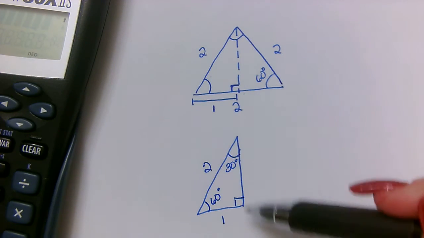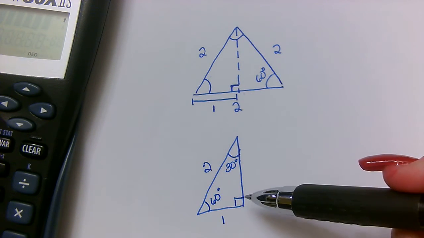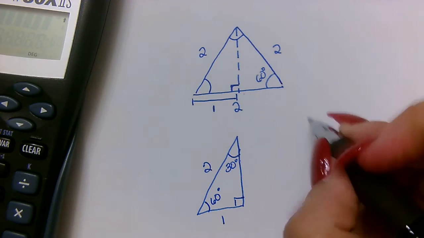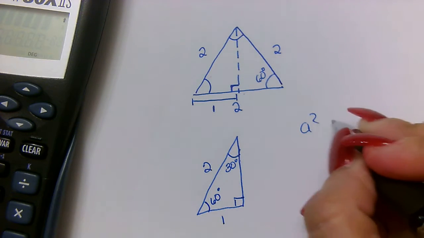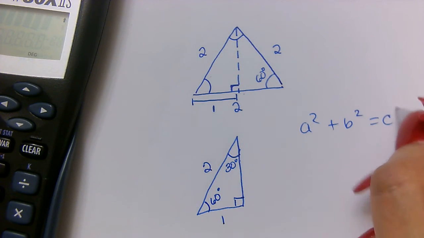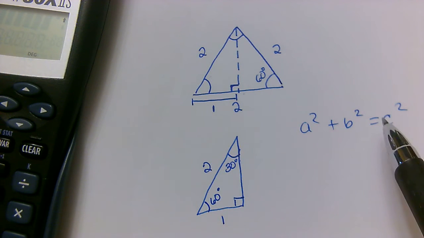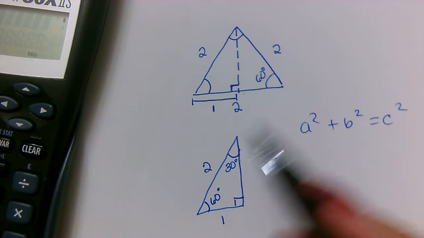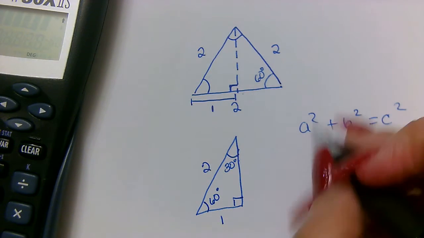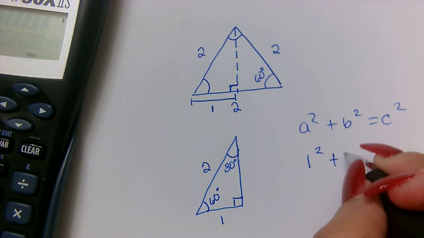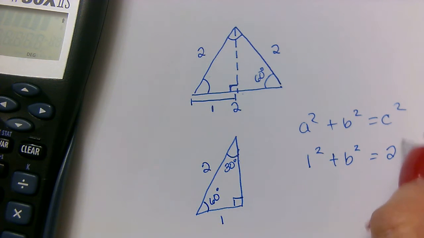Can we find the distance of this point here? Well, yes, use the Pythagorean identity: a squared plus b squared equals c squared. Let's plug it in. It's not the unit circle anymore, so we're not using c as 1. We're going to use c as 2. A will be 1. So we have 1 squared plus b squared equals 2 squared.